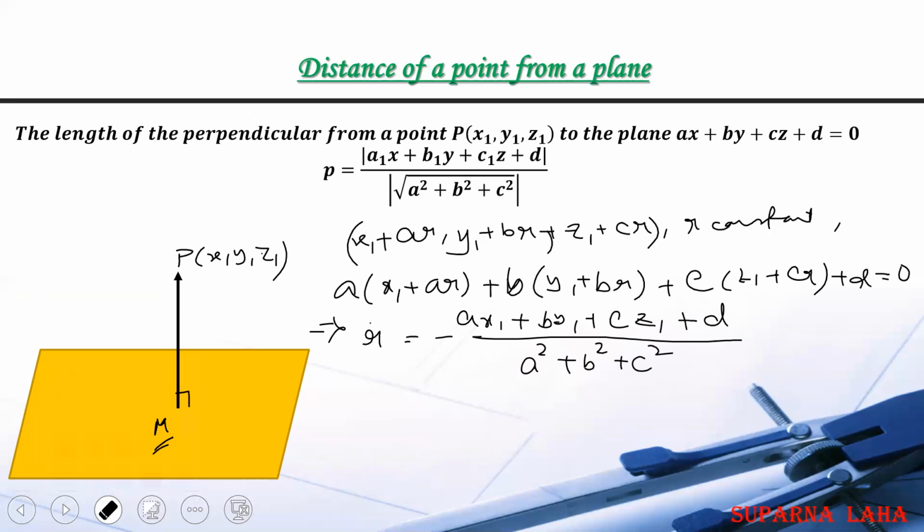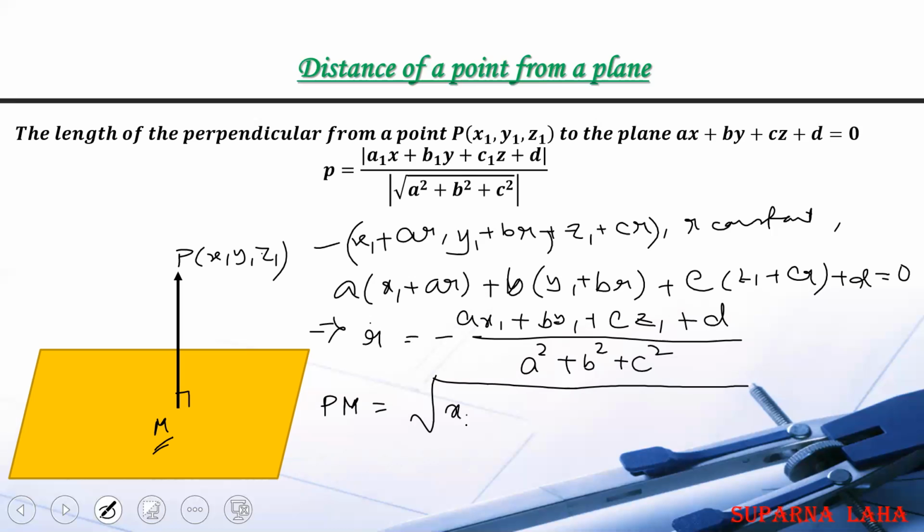Now what do we need to find? PM. So if we have the value of r, we can easily find the coordinates of M, and the distance between point P and M can be written using the distance formula.